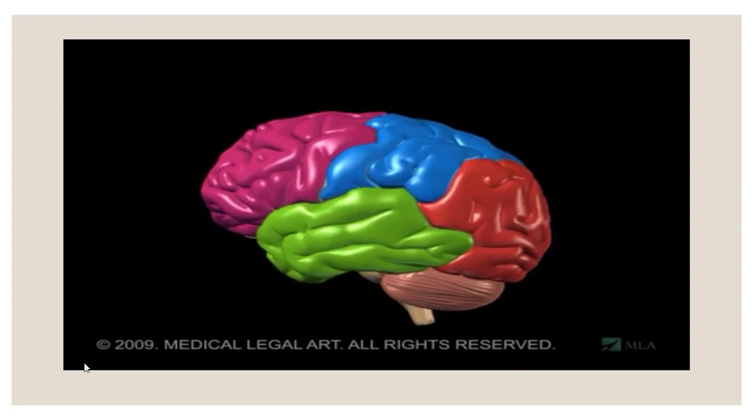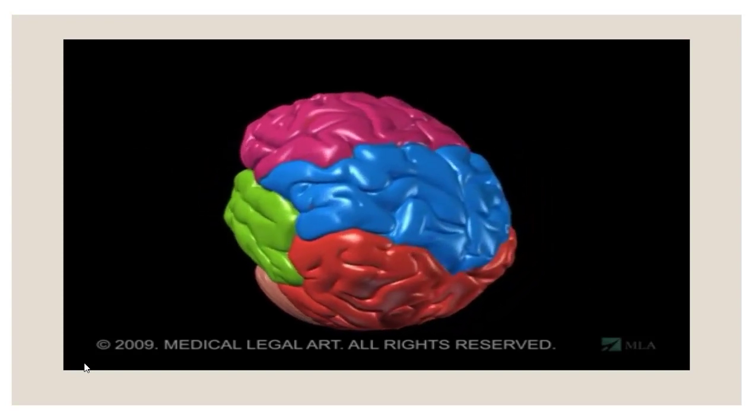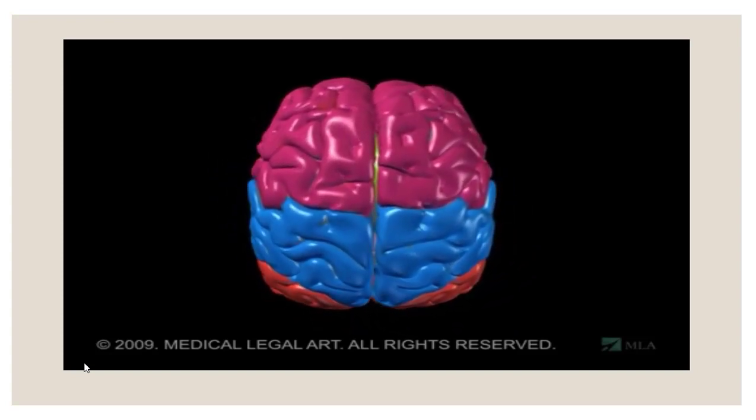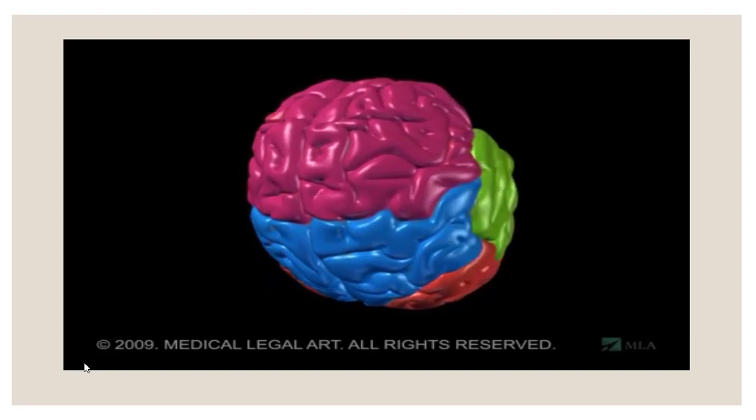Now we will show it from the top view, and we didn't show the temporal lobe. It doesn't appear from the top view. Only the frontal, parietal, and occipital lobes appear from the top view.